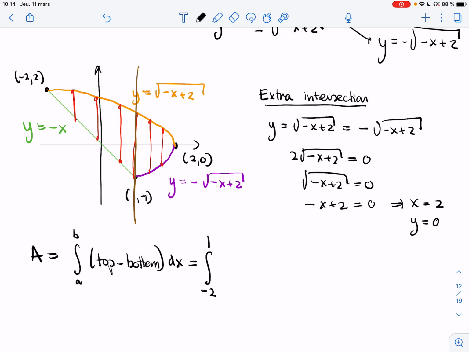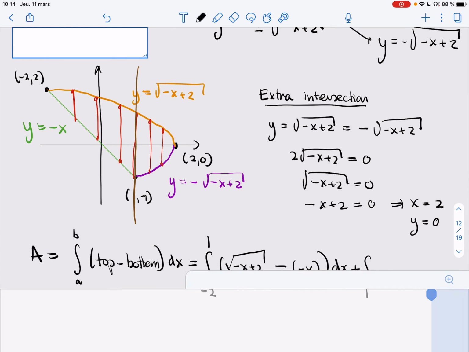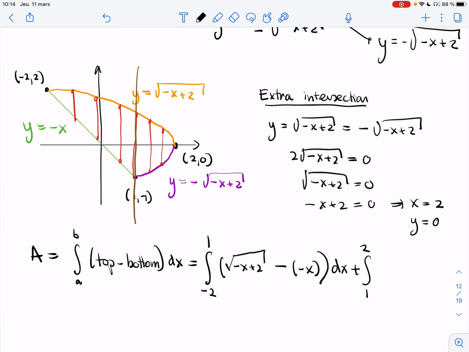Minus 2 to 1. Top is orange, so root of minus x plus 2. Bottom is green, minus x. And then from 1 to 2. Now we're talking about this part of the region.